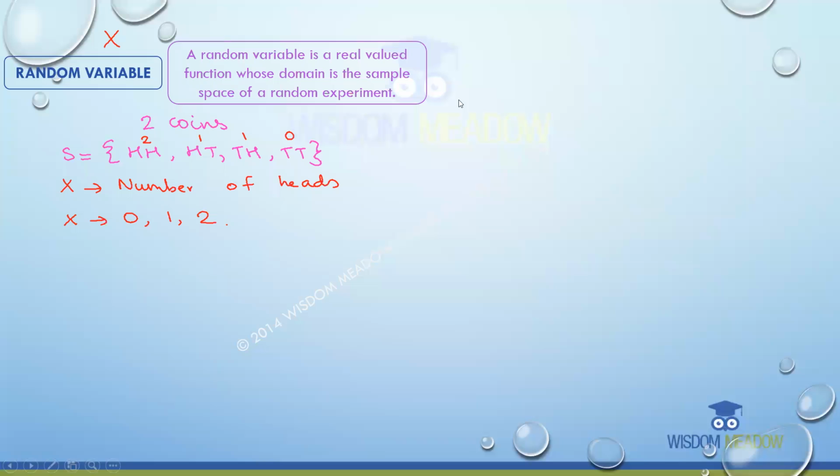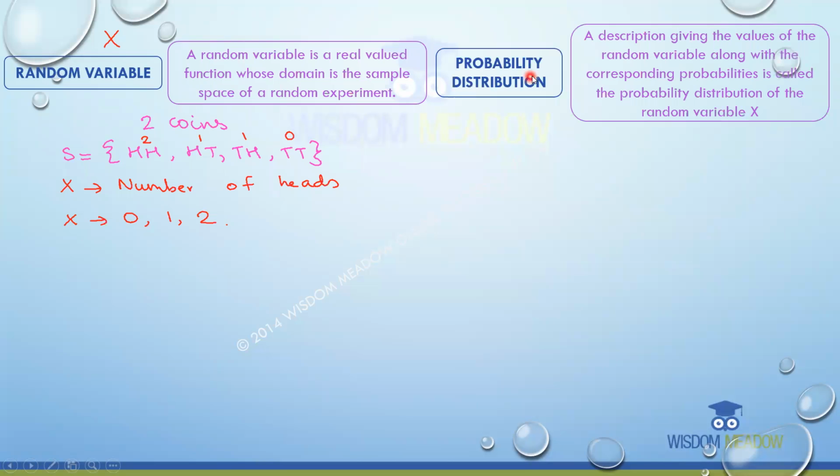Next is probability distribution. Probability distribution is a description giving the values of the random variable along with the corresponding probabilities. That is what is called the probability distribution. That is, you list out the value of the random variable along with the probability.